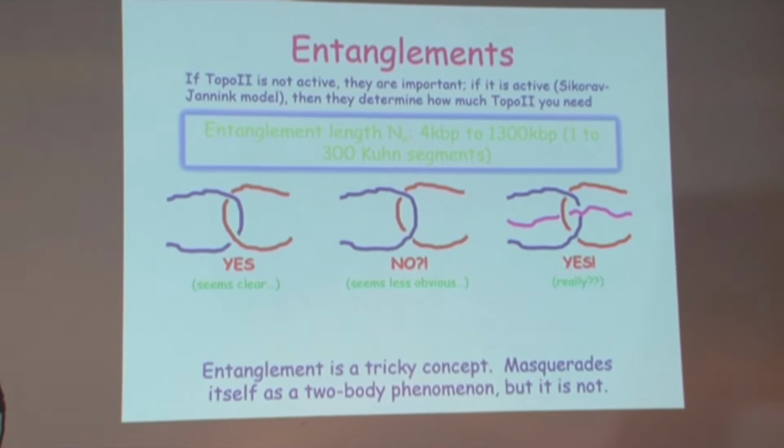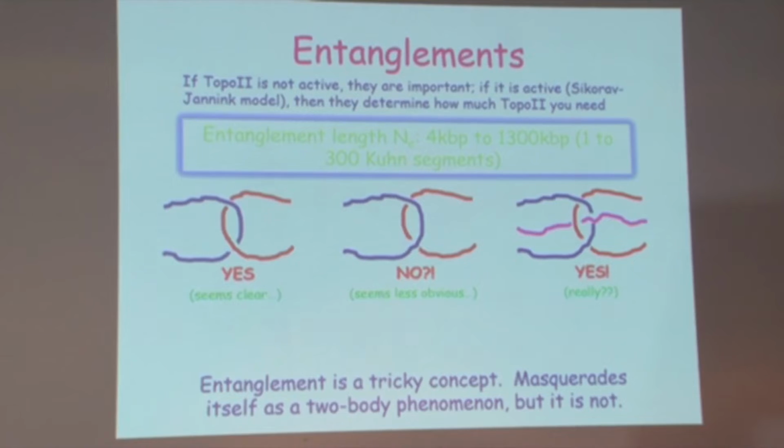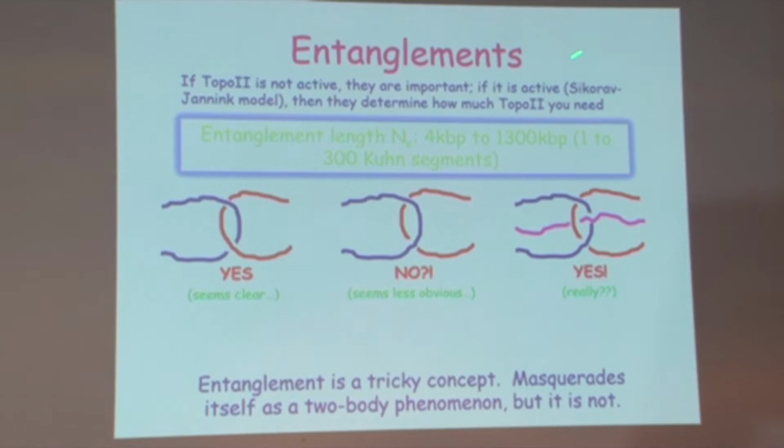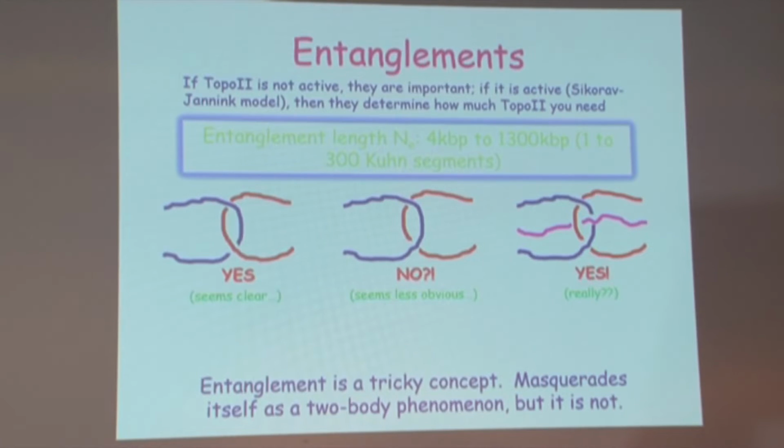It was measured for chromatin by Rosa and Everaers in their simulation, and the result is not very well defined, but it is the best we can do at this point. It's between 4 kilobase pairs and about 1,000. Between 4 and 1,000, it reminds me of an error bar of some of our astrophysics colleagues. But that's where we are.